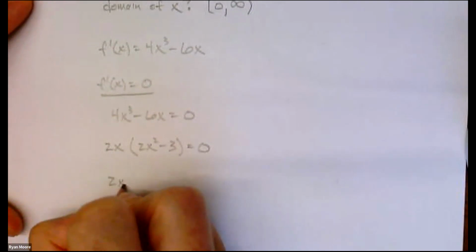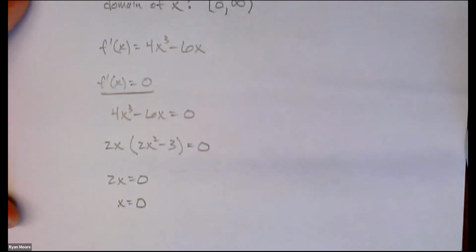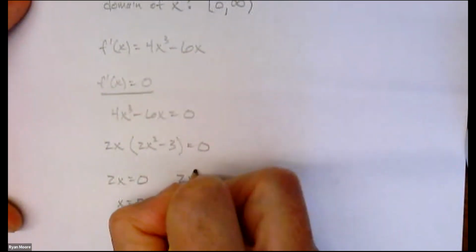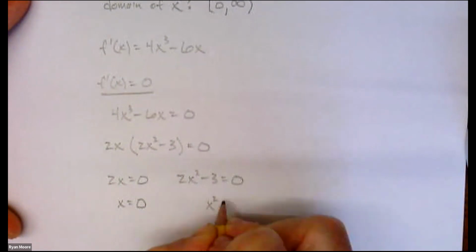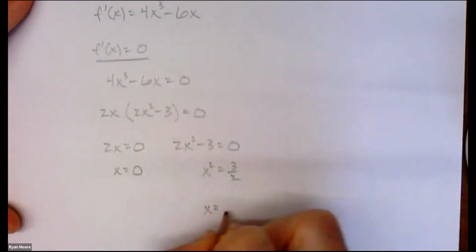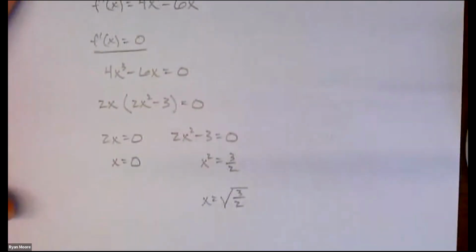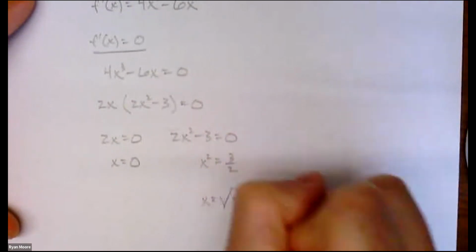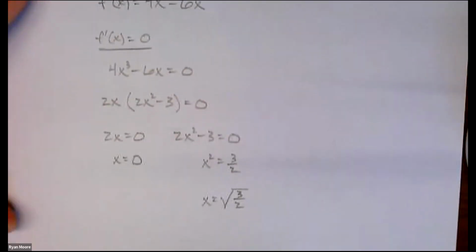And so 2x equals 0 will give us one critical number. 2x squared minus 3 equals 0. Okay, so that's x squared equals 3 over 2. So x equals square root of 3 over 2. We don't need to worry about the negative because that would be outside of our domain.